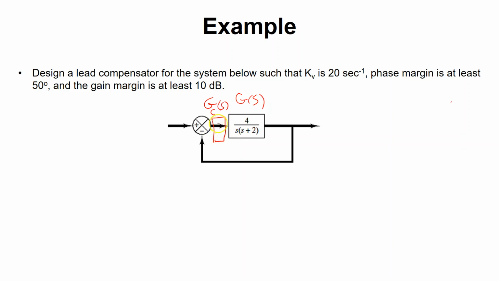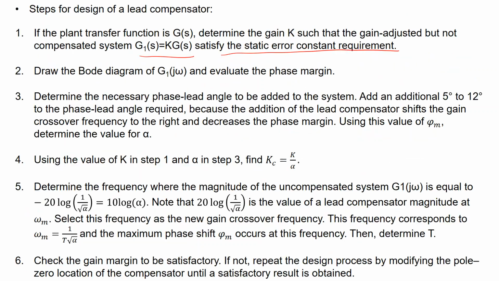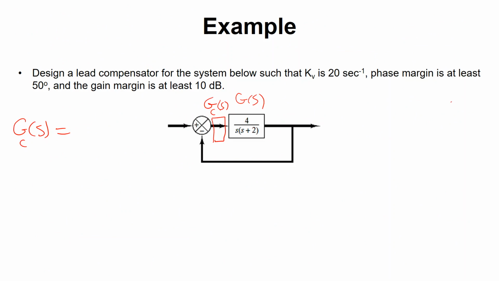The first thing you do, instead of using Gc of S to be what? K times (1 + TS) over (1 + alpha TS), all you do for the first stage, you assume that, well, I do not have this pole or zero. All I have is my compensator is a simple gain. Okay, so for the first step, you assume that it's just a gain K, no zero, no pole.